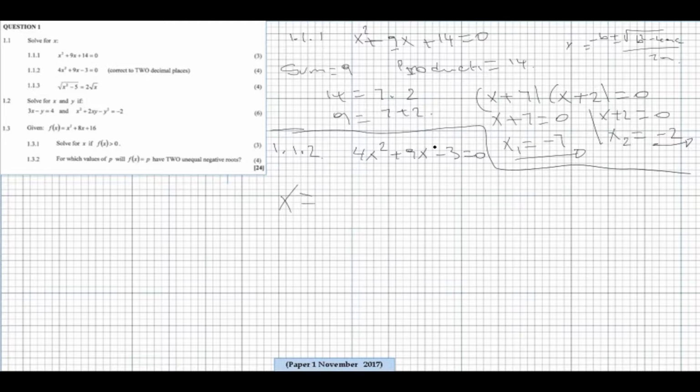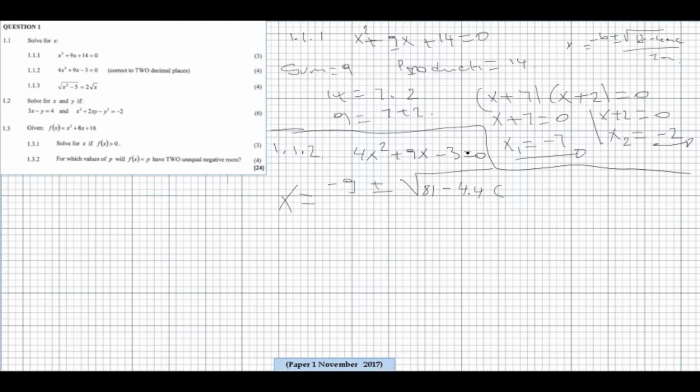So we are going to say x is equal to negative b. b is the coefficient of x, which is 9, so negative b is negative 9. We say plus or minus the square root of b squared, so 9 to the power of 2, which gives 81, minus 4 multiplied by a multiplied by c.